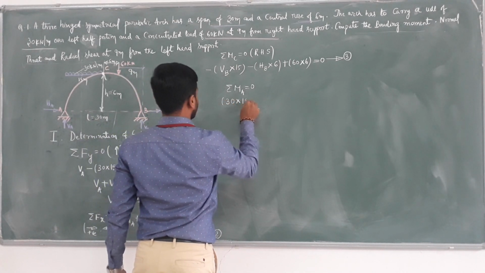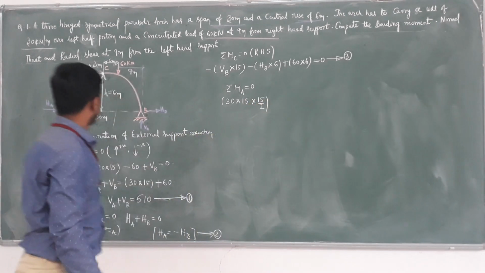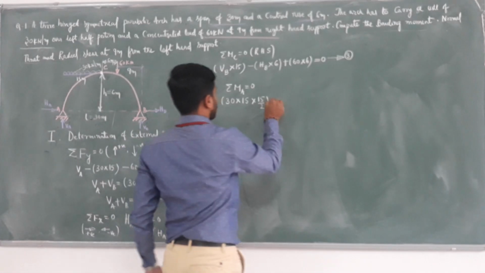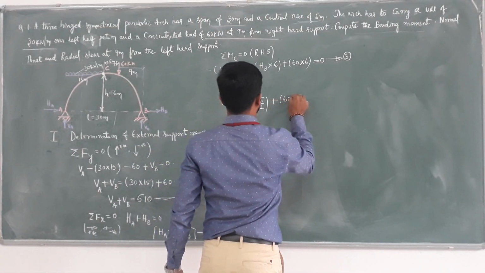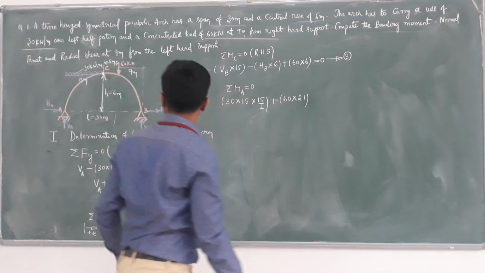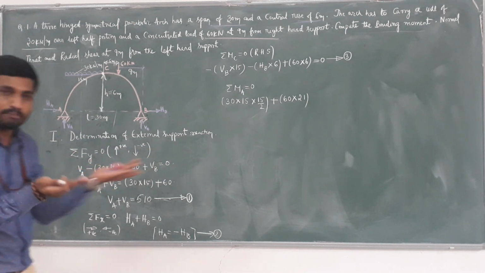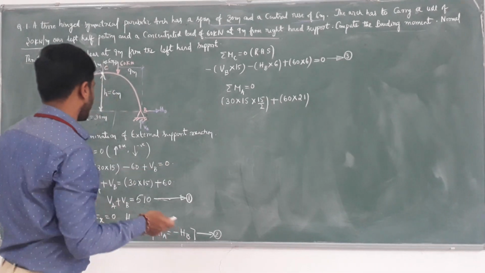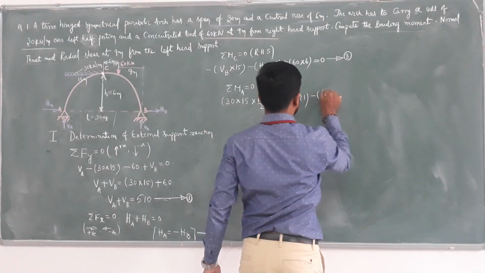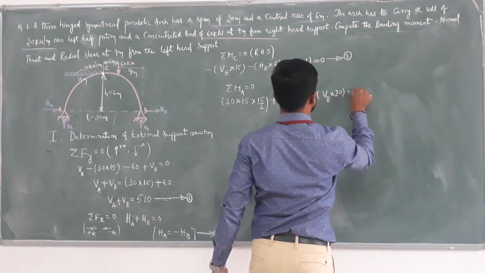Next, 60 into 15 plus 6, which is 21. Next, this HA, HB both are 0 because they are moving in the same line of action and won't produce any moment. Minus VB into 30, which equals 0.